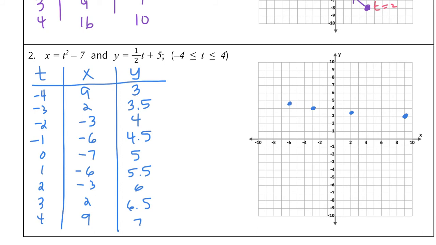Negative 7 is 5. Then it kind of goes back. So negative 6, 5.5. Negative 3, 6. 2, 6.5. And 9, 7.